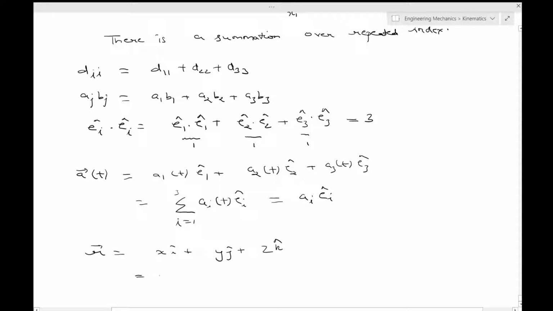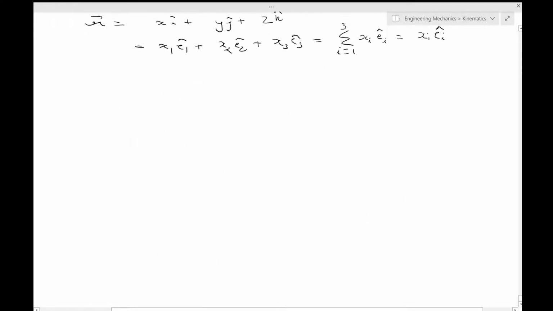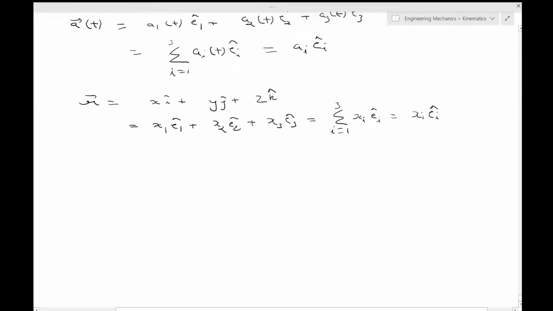This, as you know, in index notation is written as x1 e1 hat plus x2 e2 hat plus x3 e3 hat. This is equal to the sum over i equal to 1 to 3 of xi ei hat, or just xi ei. Okay, so now let's see some other examples.